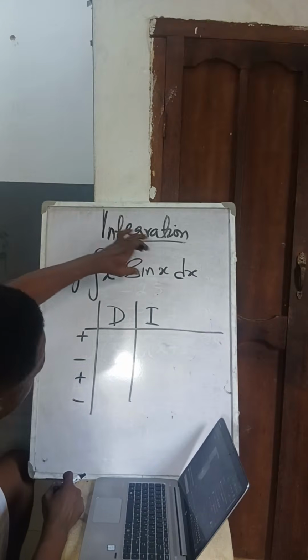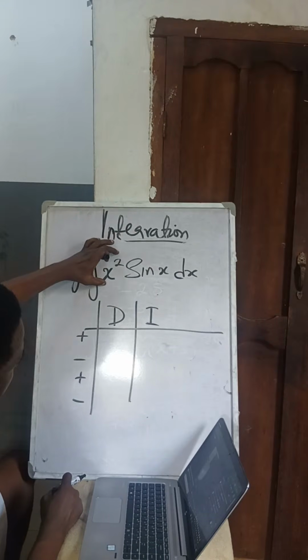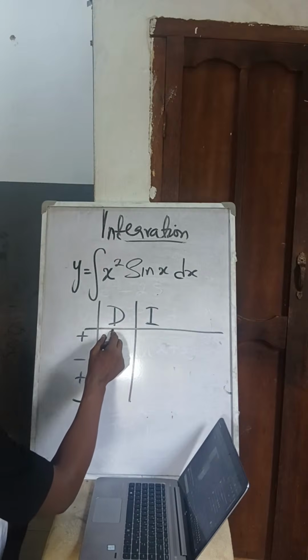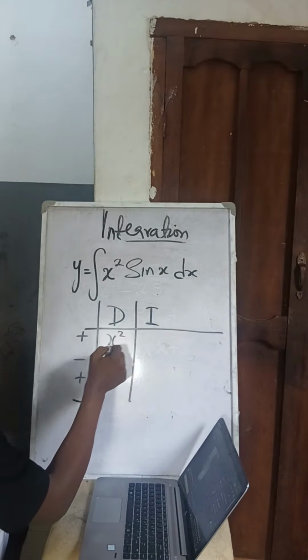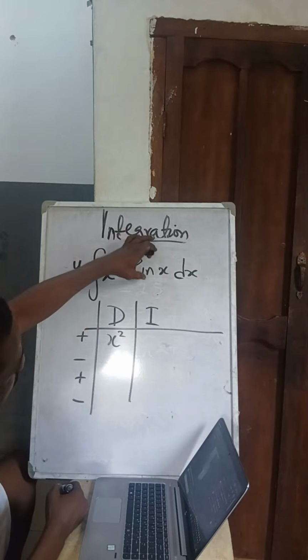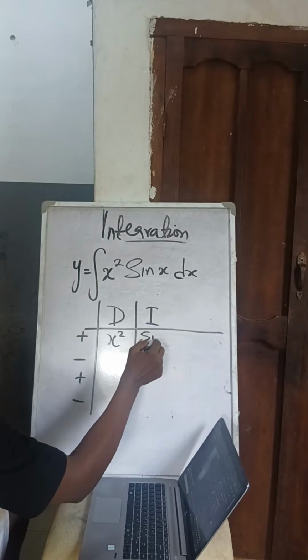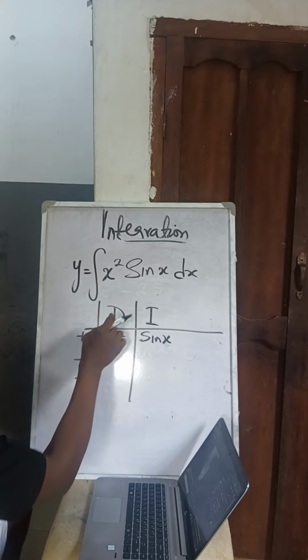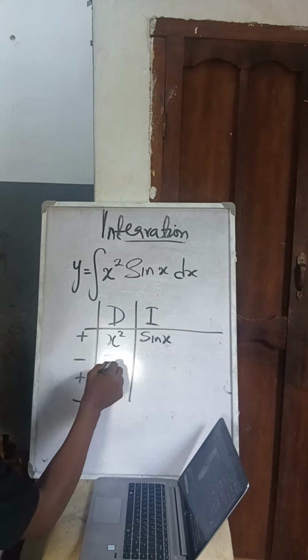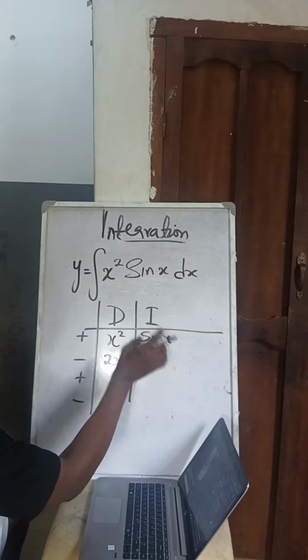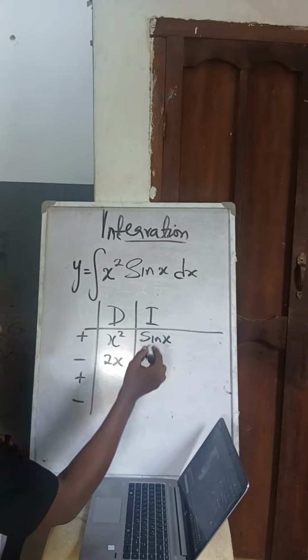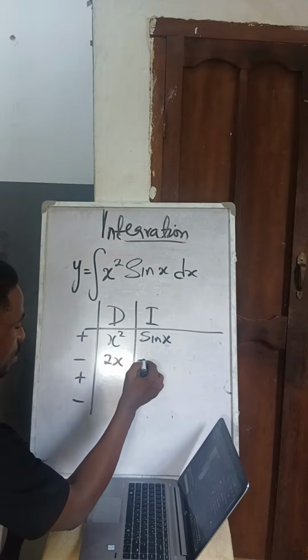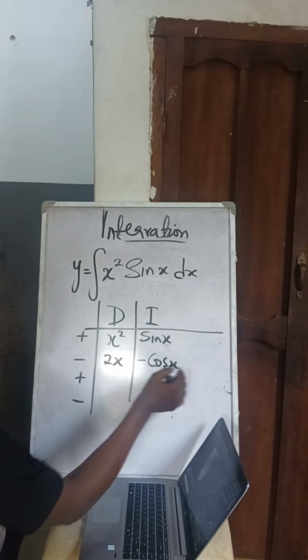Whenever you have x squared and sine x, pick x squared as your differentiation part. So you put x squared here, and sine x here. Then differentiating x squared, you will have 2x. Integrating sine x, you will have minus cos x.